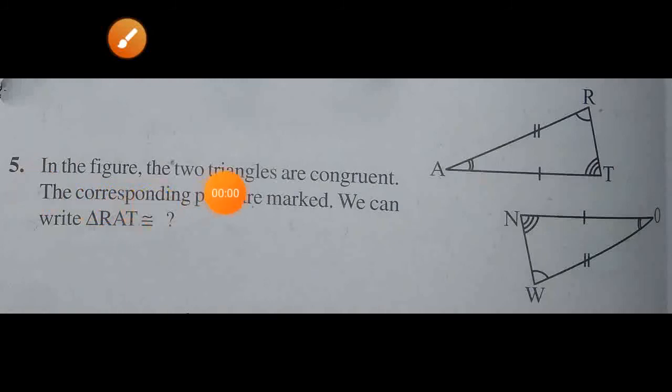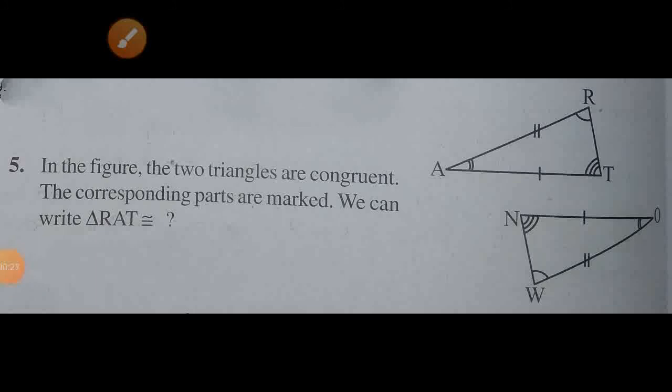In the figure, the two triangles are congruent. The corresponding parts are marked. We can write triangle RAT equal to. These are the two triangles ART and WON. So in these two triangles we can write the marked parts which are the congruent or which are the corresponding parts.